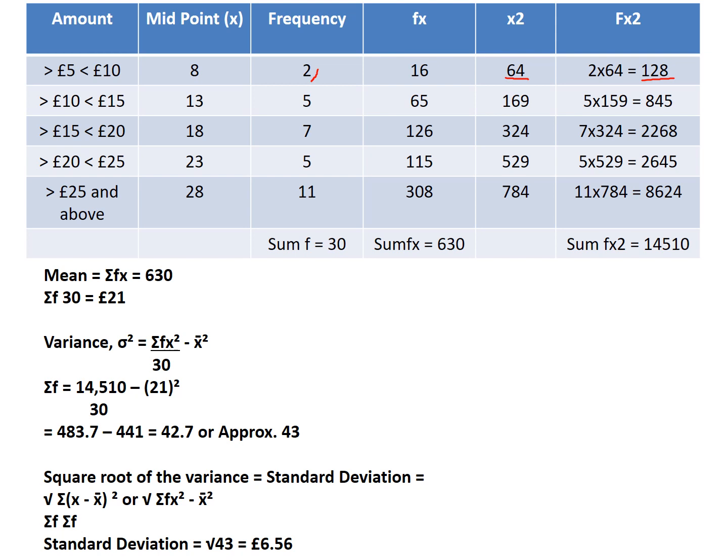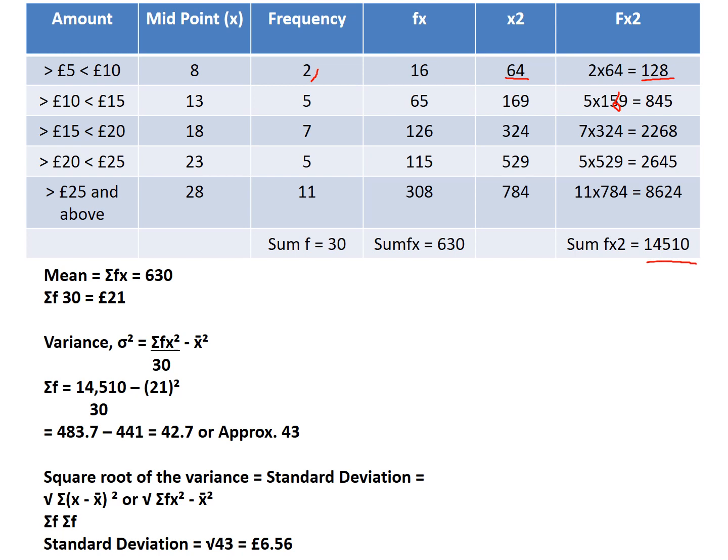It says 159 there, but it should be 169, and then 324. Slight miscalculation here. That should be 169 times 5, and 324 times 7, 529 times 5, and 784 times 11. And if you sum these up with the adjustment, you come to approximately 14,510.